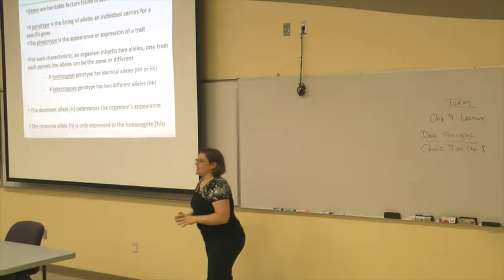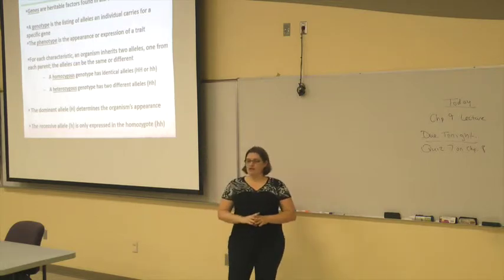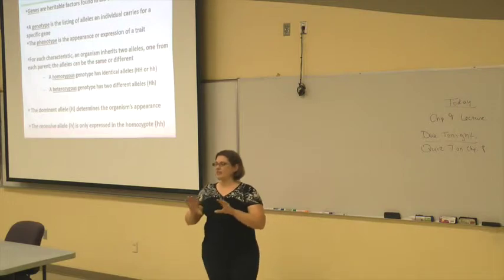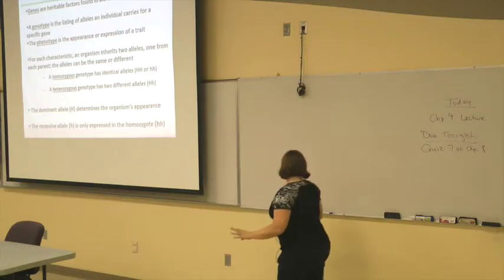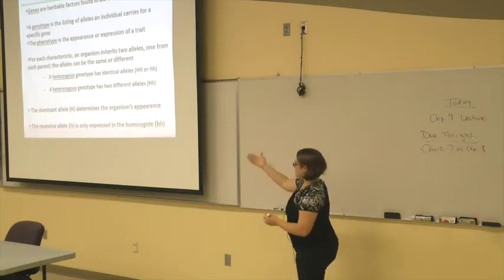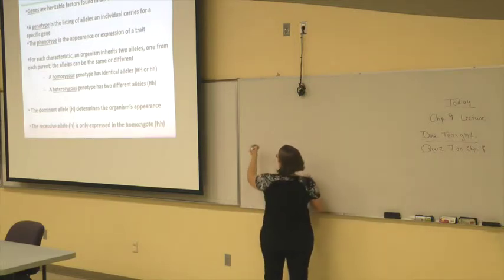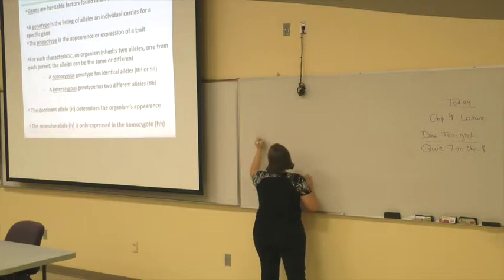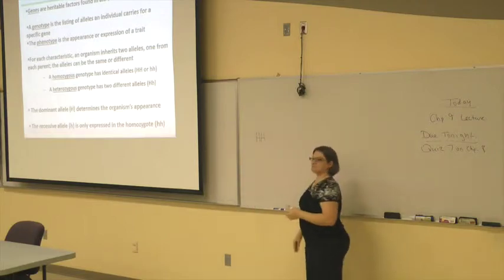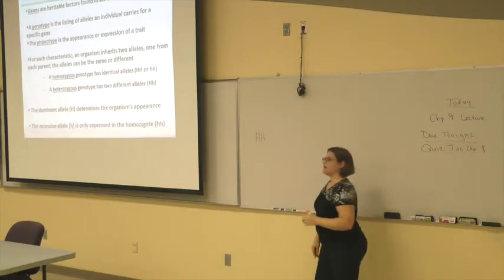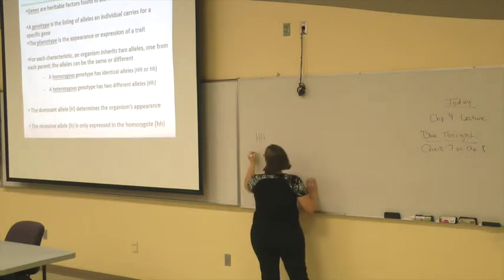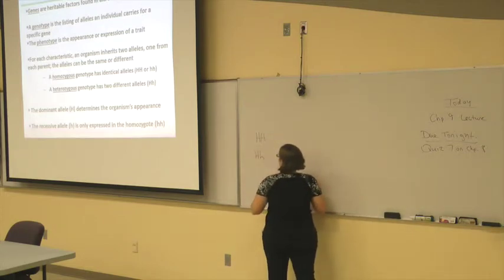A genotype is simply the listing of alleles for a trait. For example, using H's, a genotype could be big H, big H. A genotype could also look like this: big H, little h.